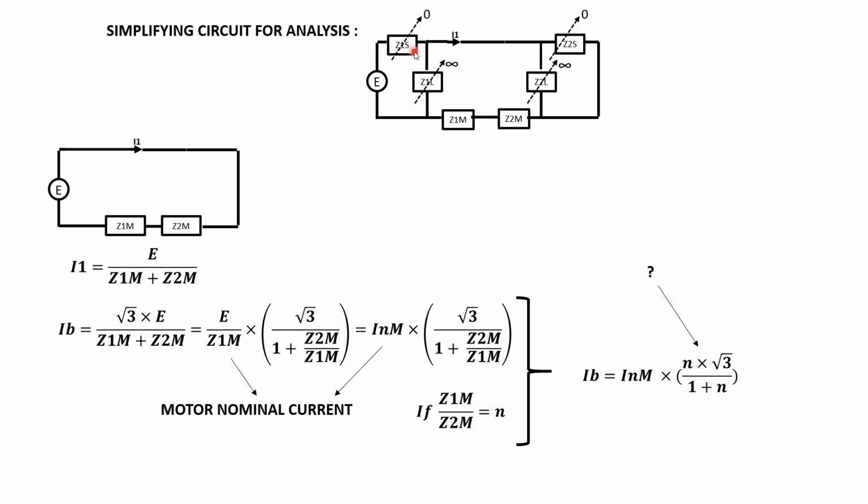And also, with a good assumption, we can assume that the source impedances are 0. It's not a very unacceptable or unrealistic assumption, because normally we're maintaining voltage at the buses by transformer taps.